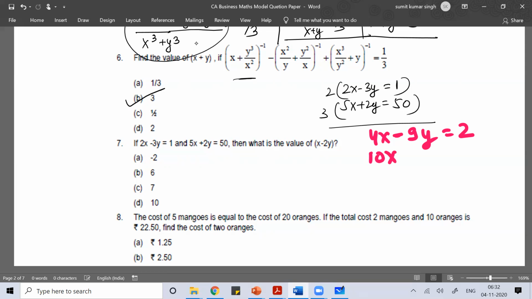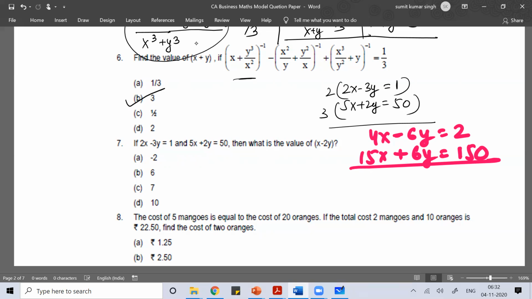So 4x minus 6y is equal to 2. Then 15x plus 6y is equal to 150.